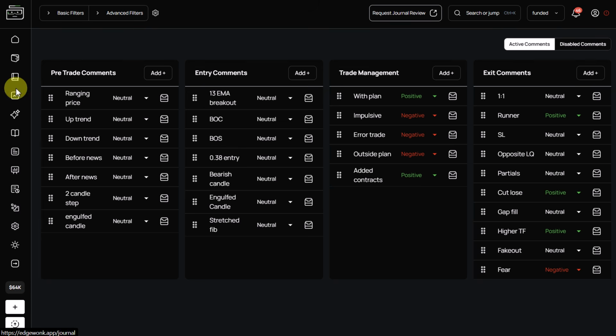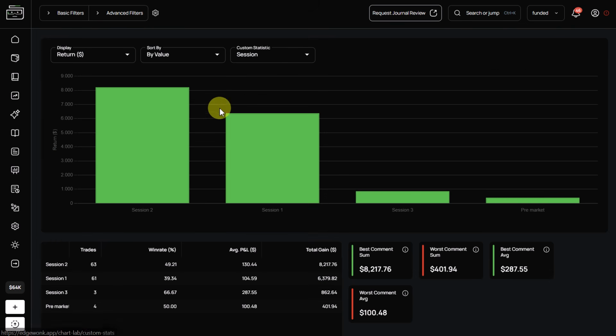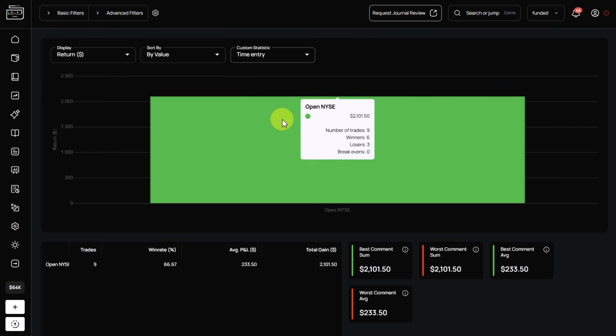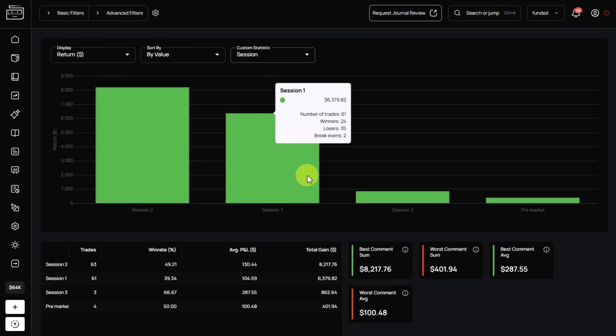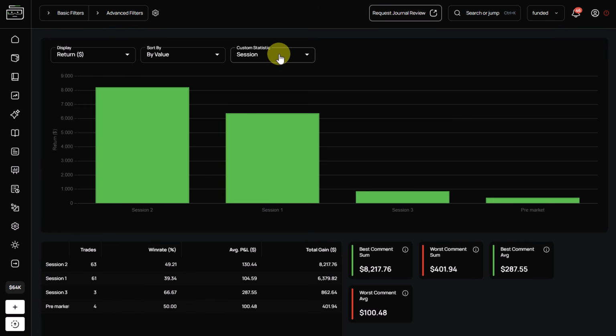Another thing that I noticed, what could be really helpful, is when we go to the chart lab and to custom statistics, he does have only 2, and time of entry is not really used. Sessions is not really that important because we are tracking times already in Edgewonk. What I am missing here a little bit is a strategy, or maybe 2 strategy-specific custom stats.